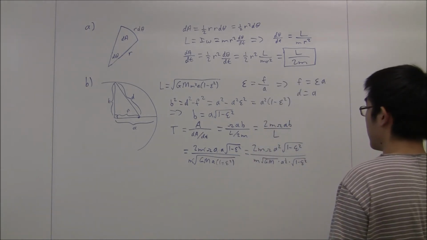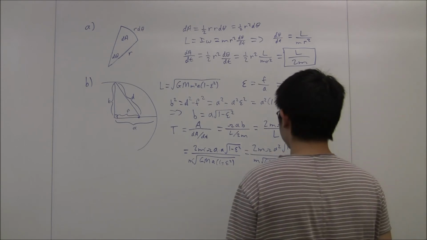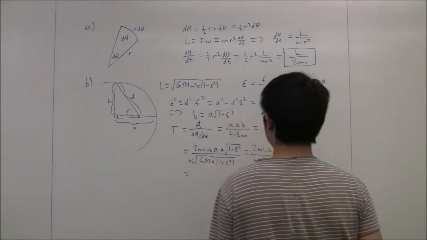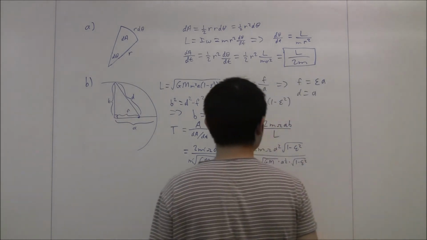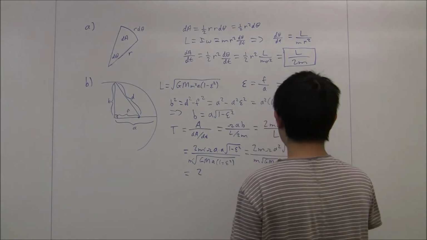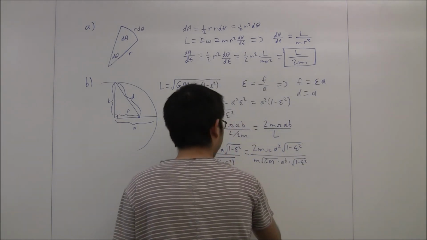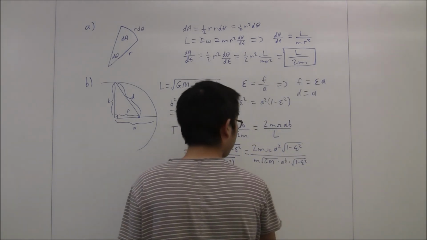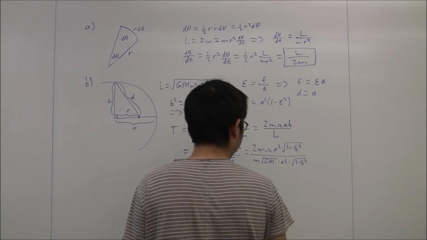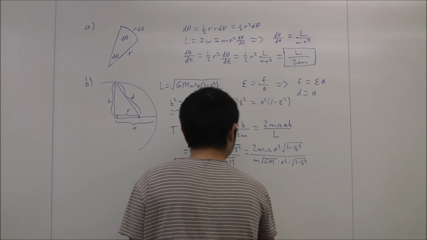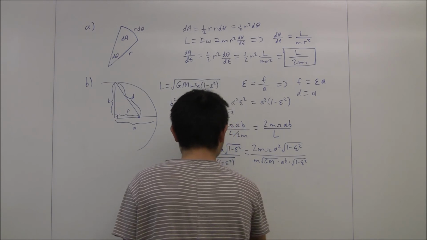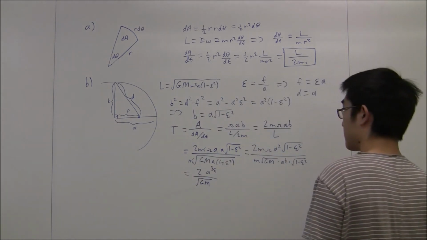So now it's easy to cancel out terms from the numerator and the denominator, and we get that our period is just 2 pi times a to the 3 over 2, divided by the square root of G times big M.